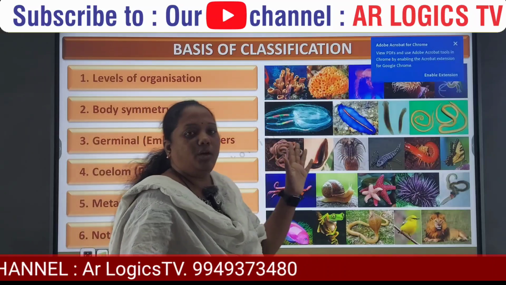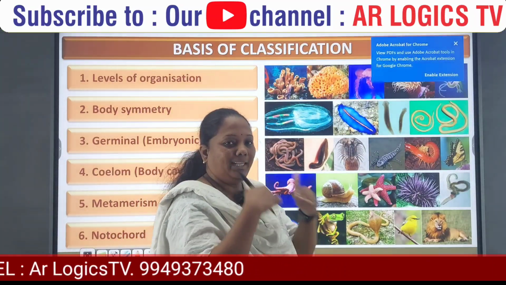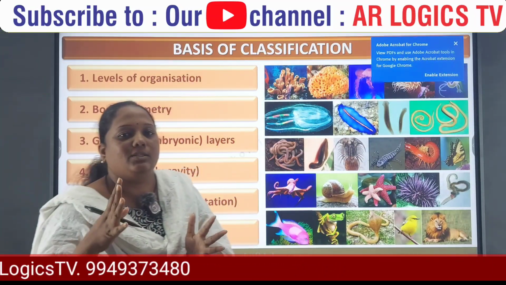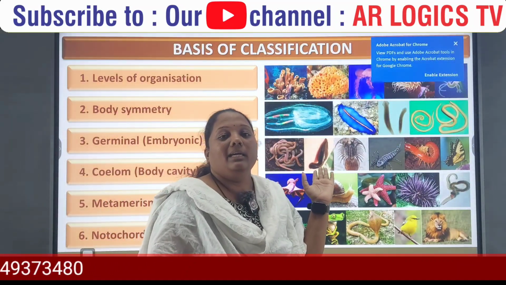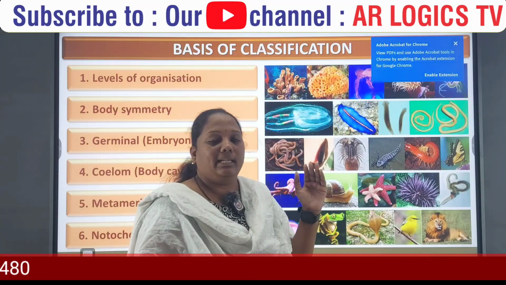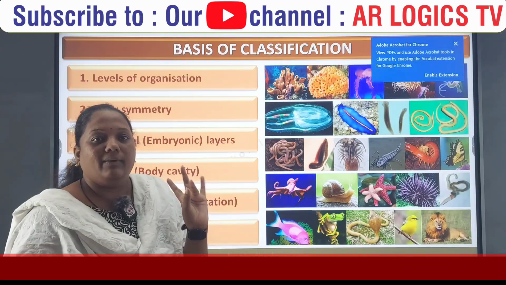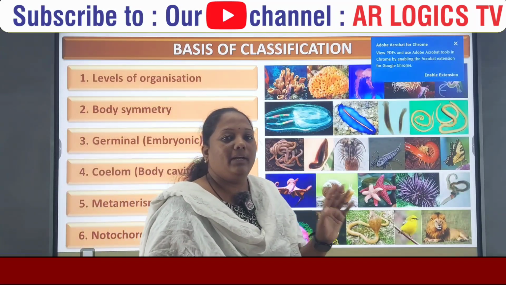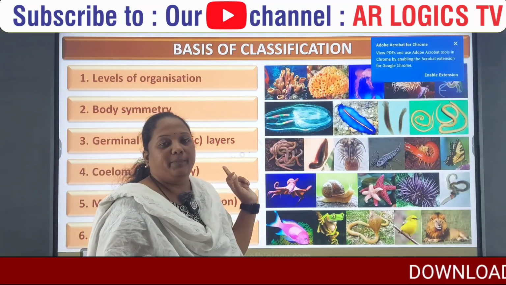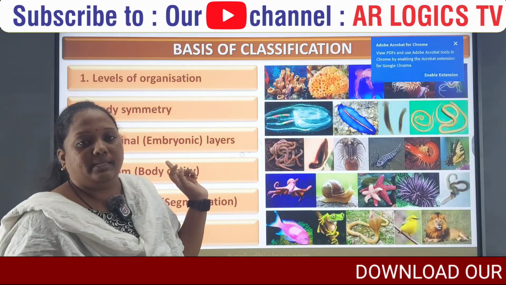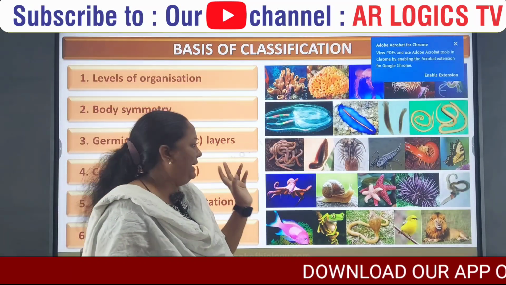Next, basics of classification. After the phyla, let's see the basics of classification. Levels of organization: cellular level, tissue level, organ level or organ system level. Next, body symmetry: radial or bilateral.